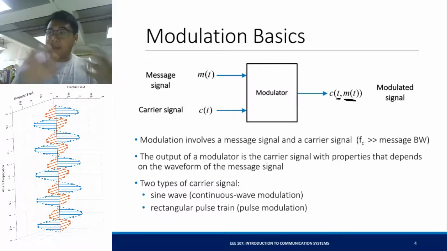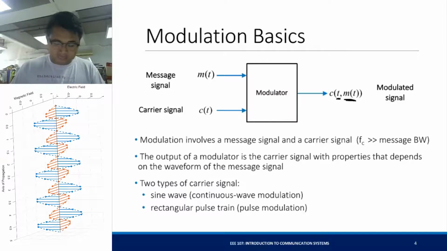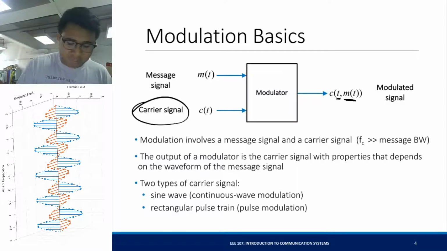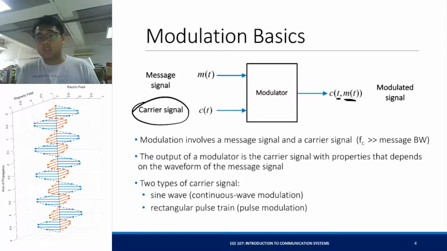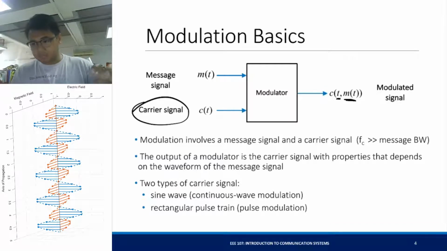Your carrier's parameters change depending on the message signal. Okay? So modulation in the communication sense involves a message and a carrier. The carrier, by the name, carries the message signal to be transmitted over some channel. The carrier signal is the physical signal that carries the message signal through the channel.